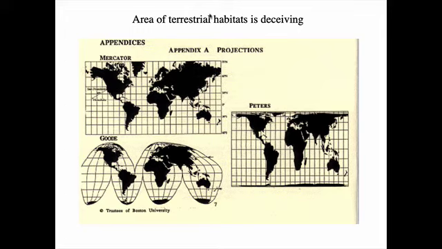It looks like Africa here is smaller than Siberia. It looks like Africa is, in fact, not a whole lot larger than Greenland. That's wrong. That's completely wrong. This kind of visualization completely skews our understanding of the relative areas of habitats around the world.